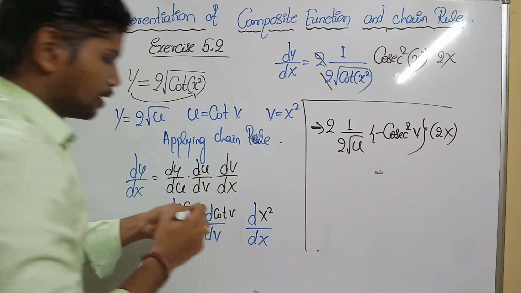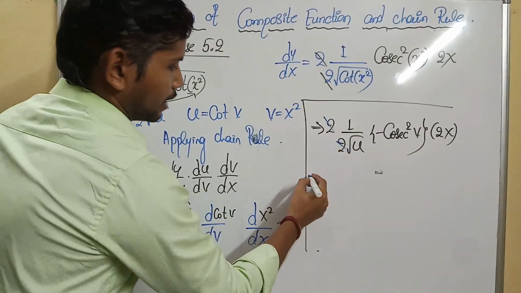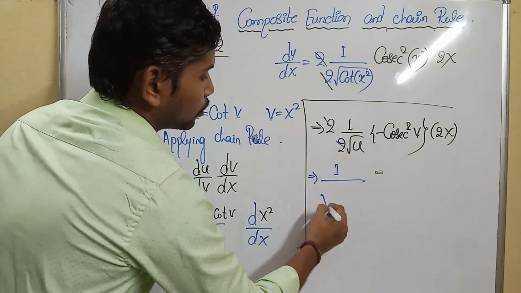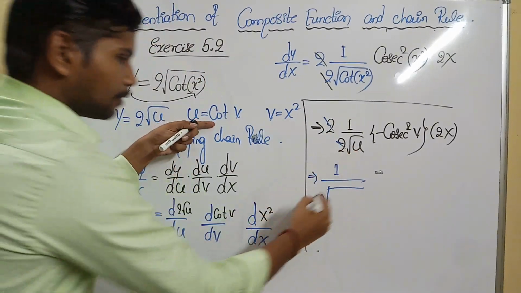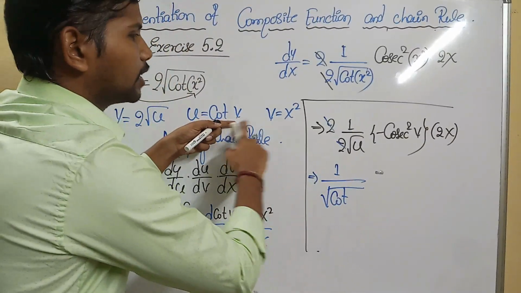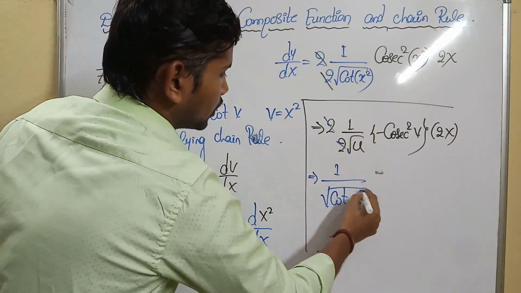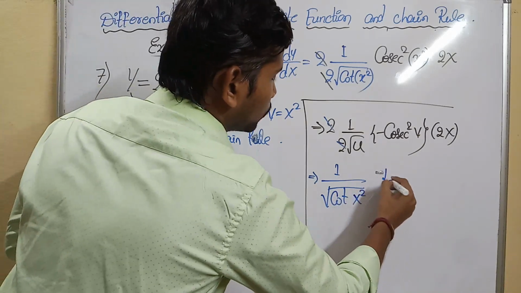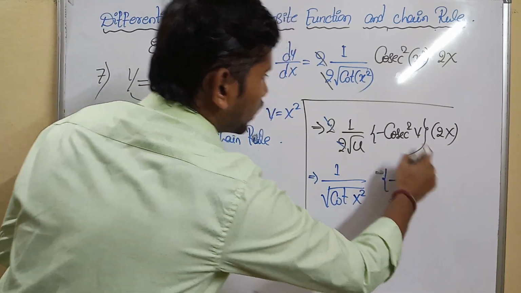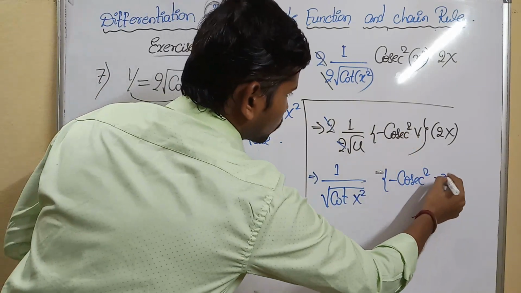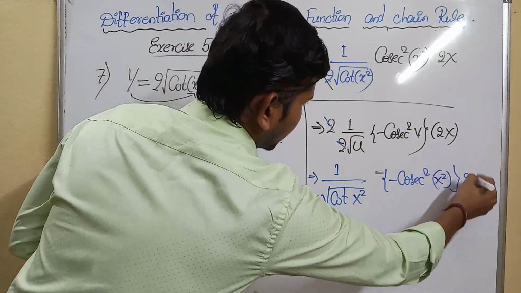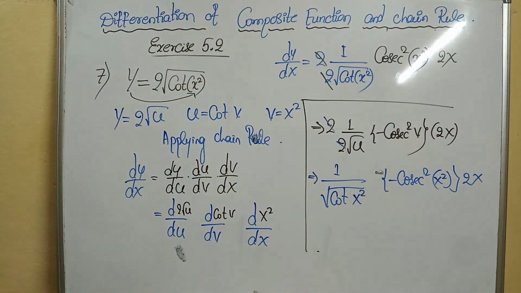Okay? Then here 2 will be cancelled. 1 divided by root of, what is u? Yes, it is cot of v. What is v? v is nothing but x square. Now into minus cosecant square, what is v? x square. Let 2x be as it is. Whether you got the same answer?